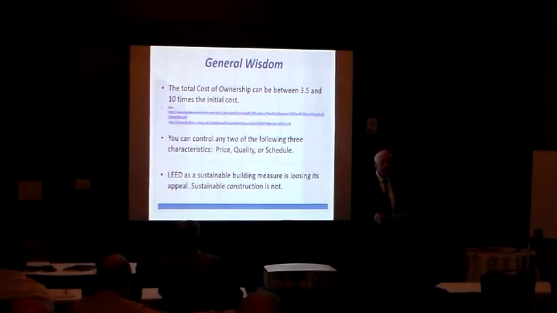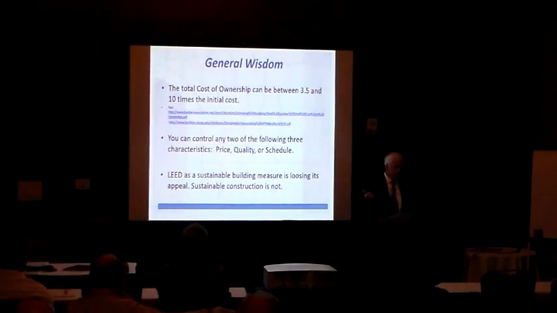Here are just some general thoughts that I thought I would share for what it's worth. The total cost of ownership of a building can be three and a half to 10 times the cost of the initial cost of construction.